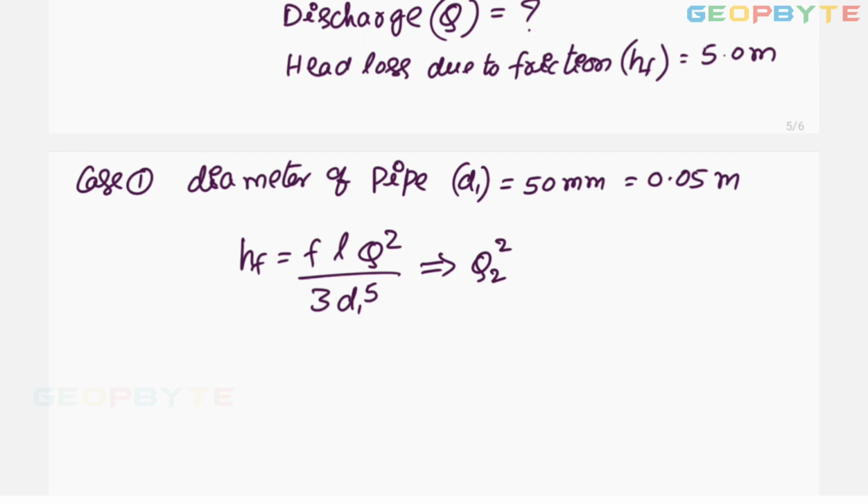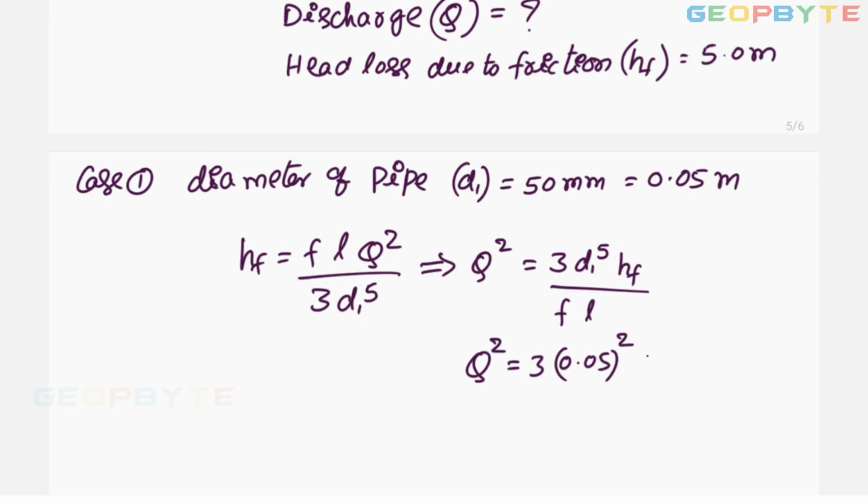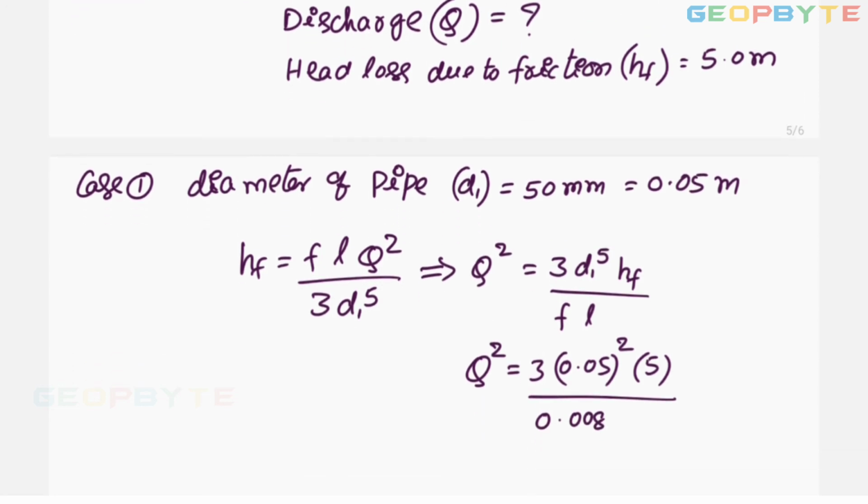From this, Q square equals 3 D1 power 5 into head loss due to friction, divided by F into L. So Q square equals 3 into 0.05 whole power 5 into HF 5, divided by frictional constant 0.008 multiplied by length of the flow 3 meters.